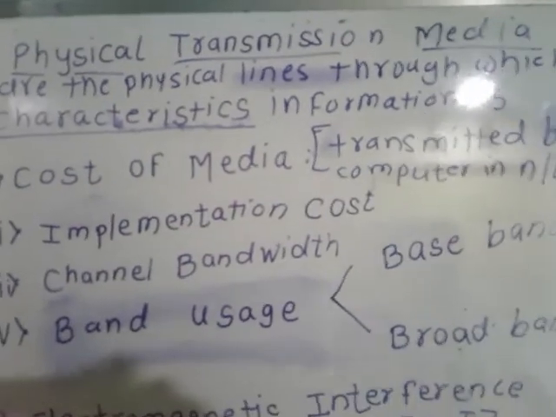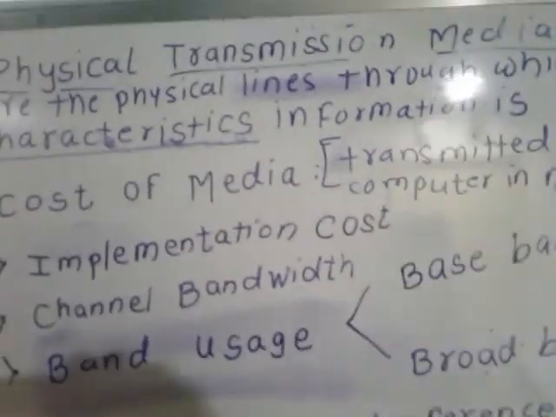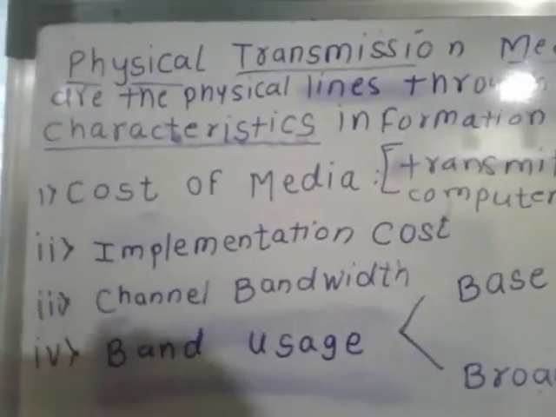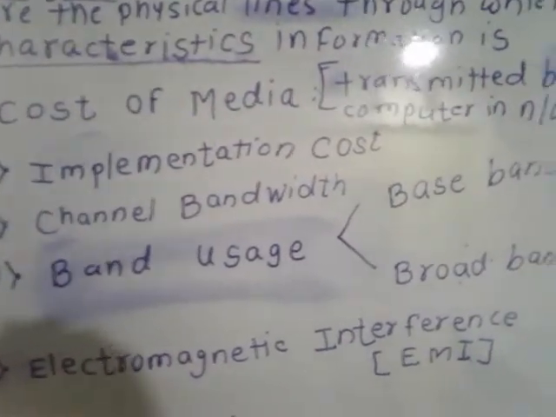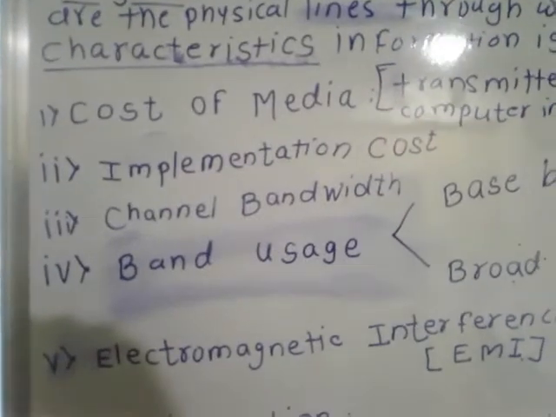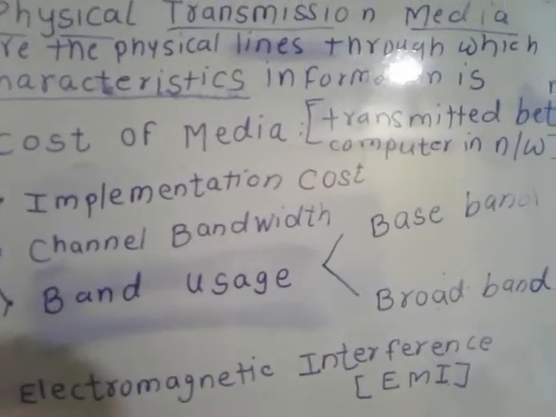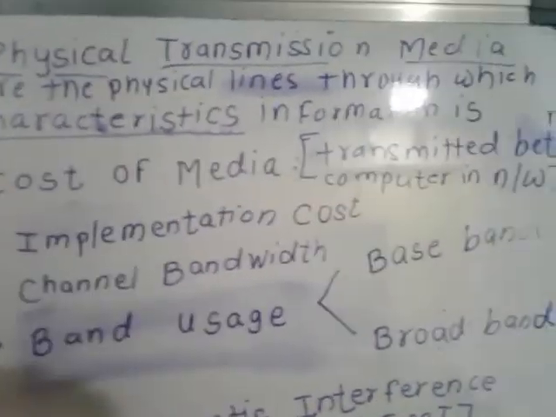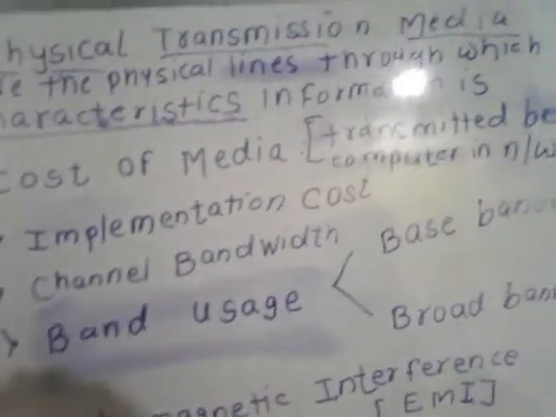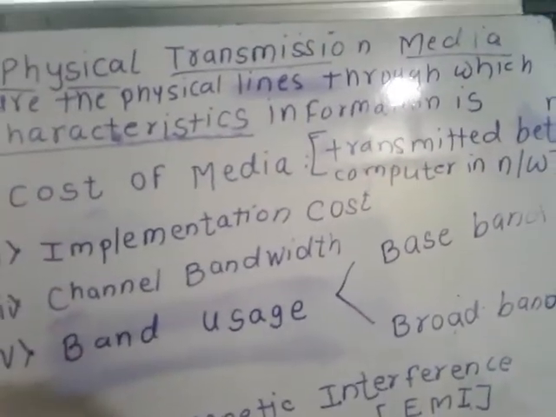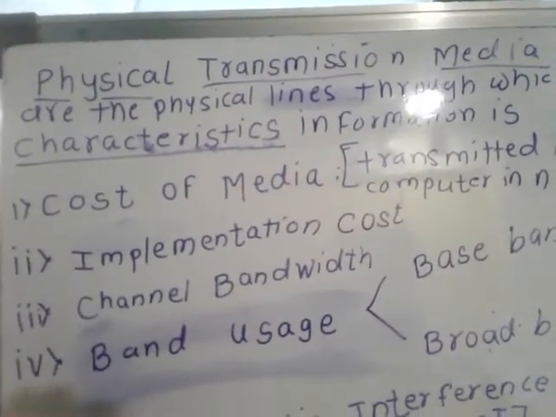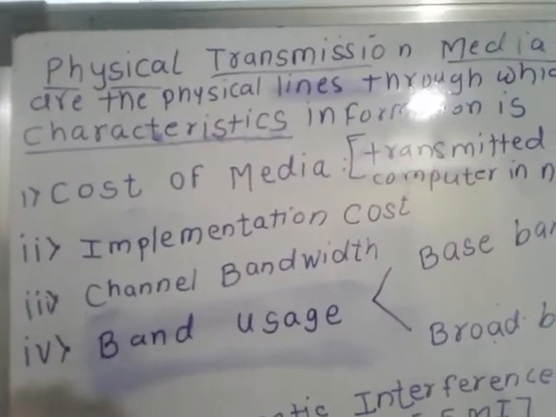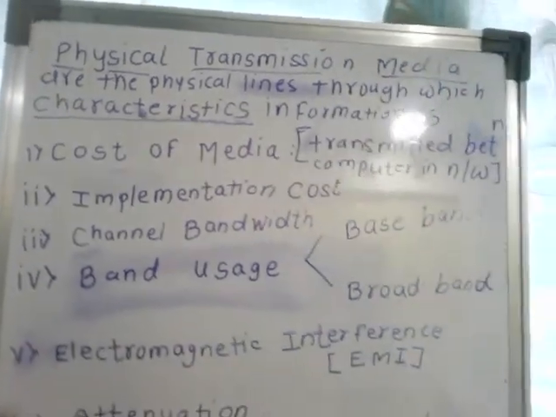When you are going to see the cost of media, first of all you have to see the standard of the media and the cost of the media. In case of the cost of media, you can note down two different points. First, while designing a network, the cost of media must be considered.